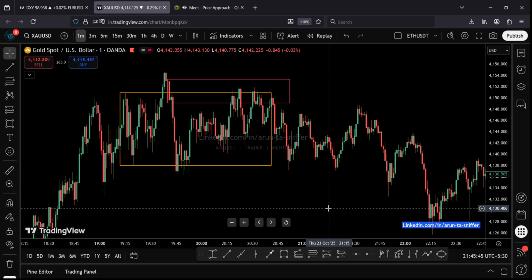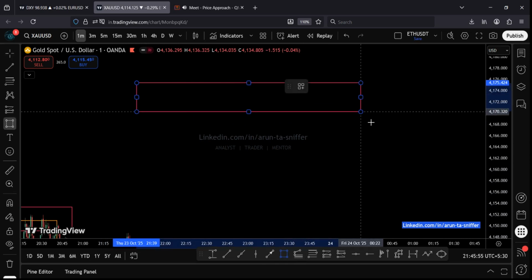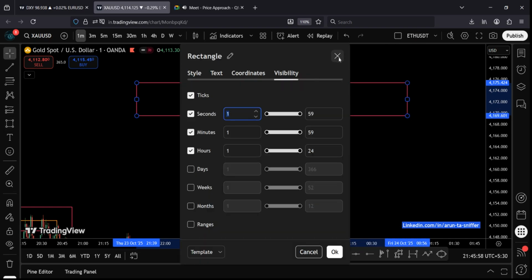Price approach means price can approach any zone. It can be RS zone, it can be DP, it can be swap FL, any zone. When I draw any zone, that means this zone can be any zone.